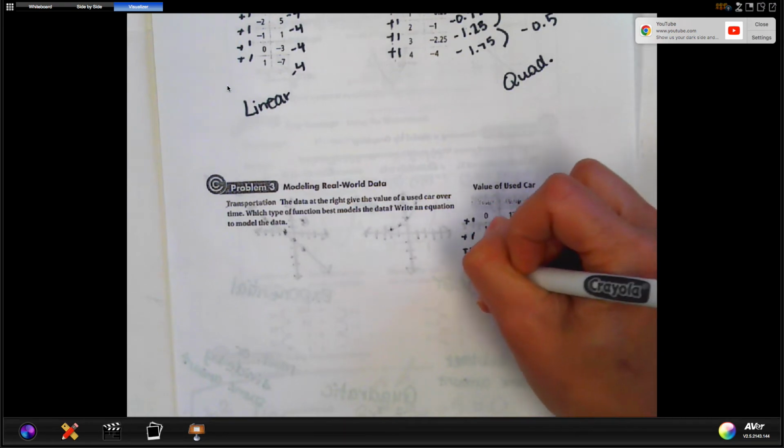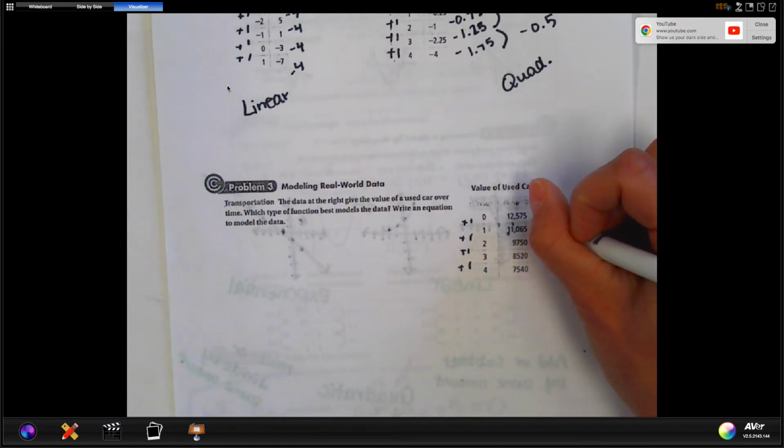It's going down, right? But is it going down by the same amount each time? Let's find out. So this is going up by 1 each time. And now what's happening here? Is there a common difference here? So 12,575 minus 11,065. What's the value going down by here? So minus 1,510.